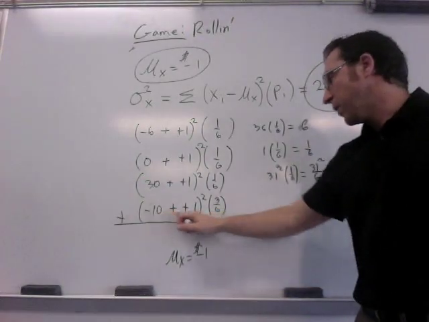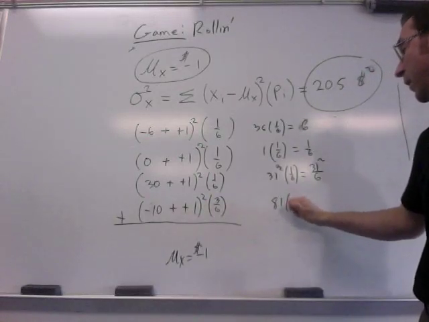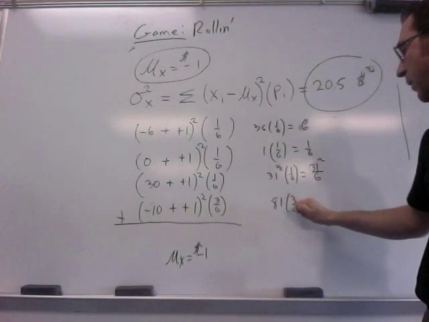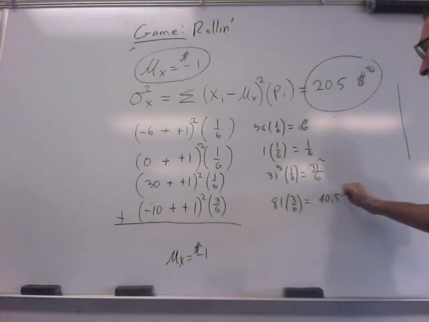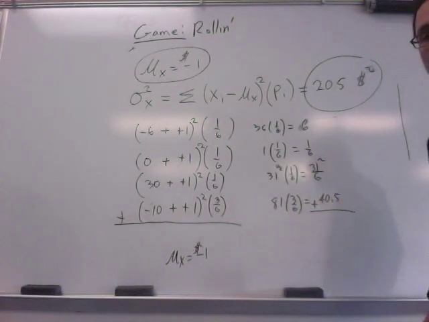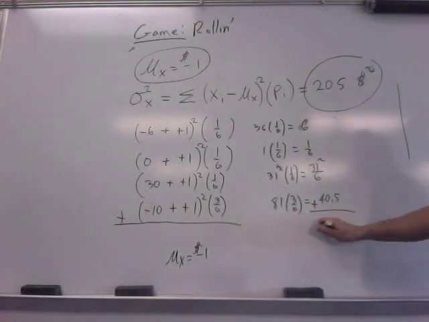And this one ends up being negative 9 squared, which is 81 times 3 over 6, which would be half of 81, or 40.5. So do you really need to use the lists on this? Not necessarily. You could still get your 205 off of this one. And the arithmetic's not that nasty.